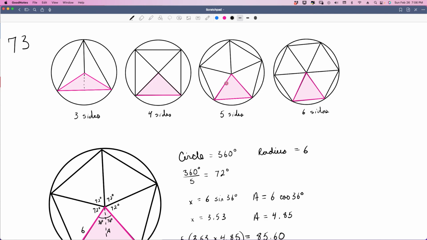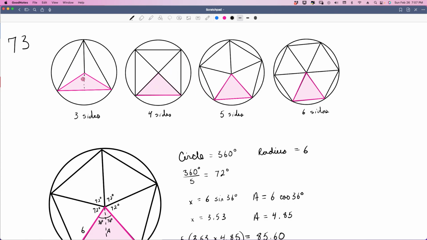So looking at each one of these, you can see regular polygons that have an even number of sides. So 4 sides and 6 sides here, those are going to be really easy to find because you can just draw bisector diagonals and then it creates your triangle for you.